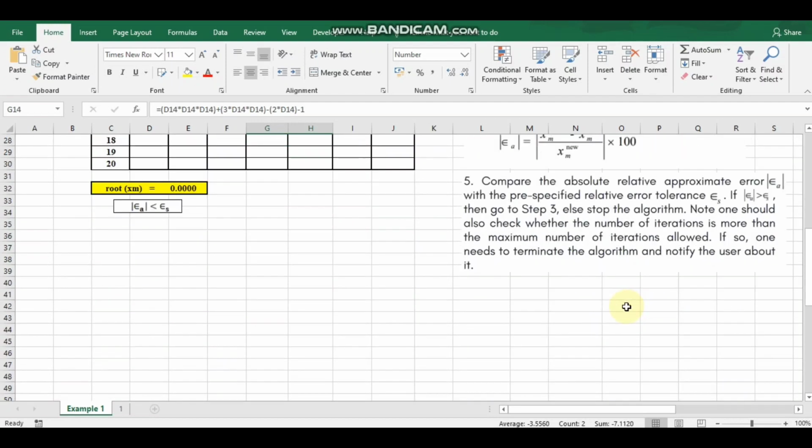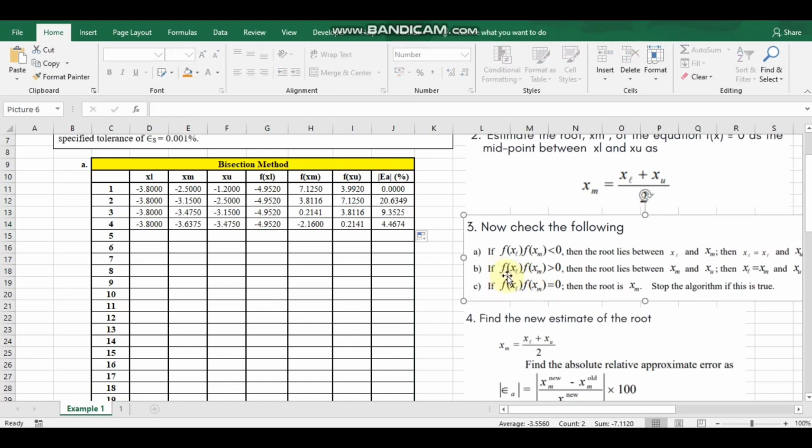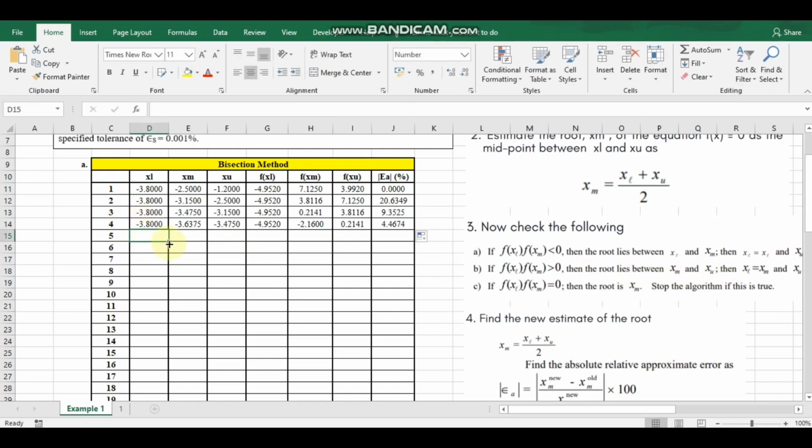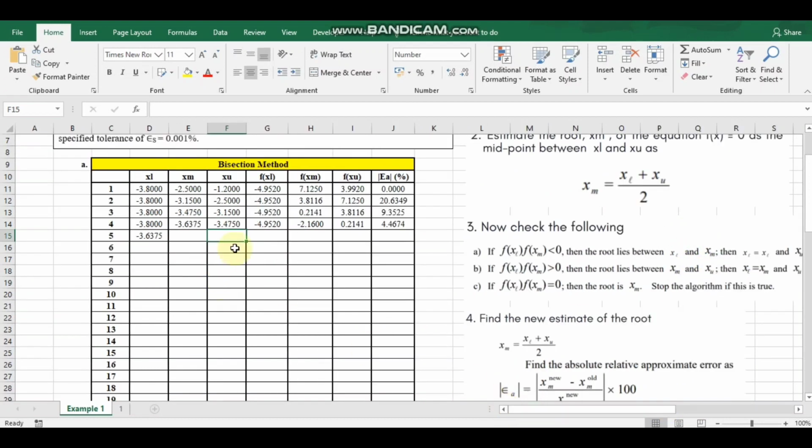With that, we will follow the second condition: if f of xl times f of xm is greater than 0, then the root lies between xm and xu. Then the xl will be the previous xm, and xu will remain xu. And pull this one again, as well as the other columns.